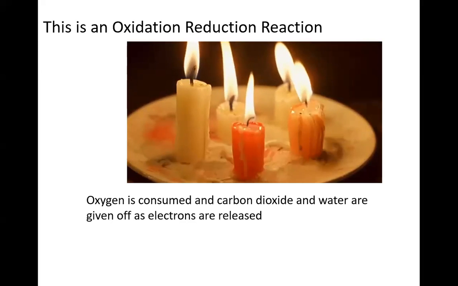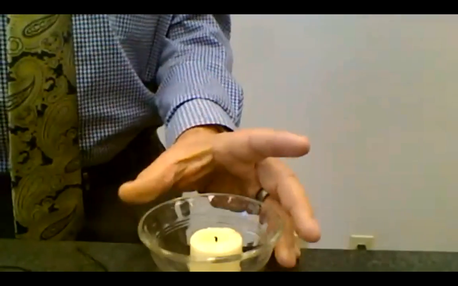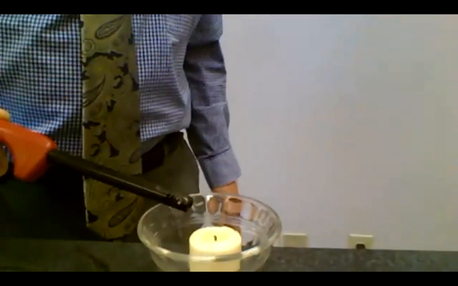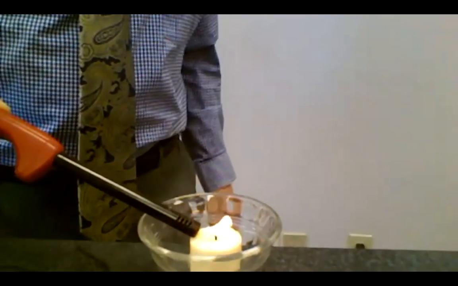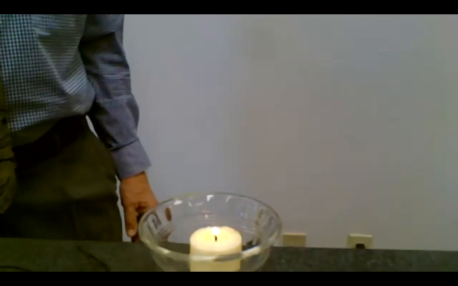Now, to demonstrate this for you, and I've spared absolutely no expense on this, here we have a candle right here. And if I light the candle, it's a real candle. You can see the flame on the candle.